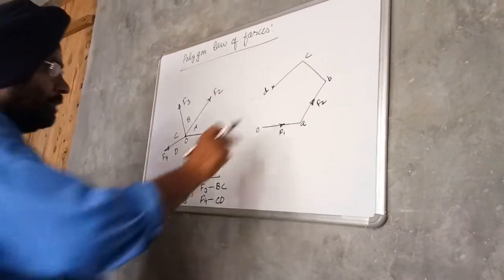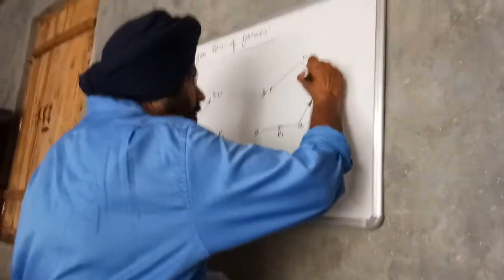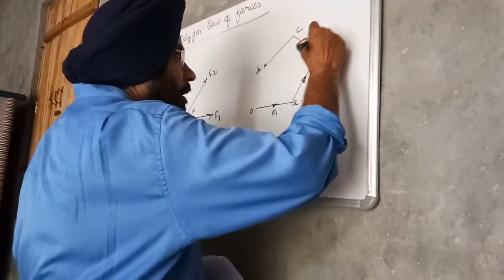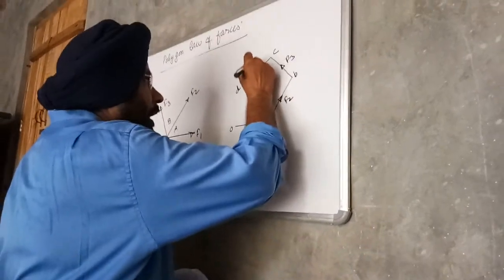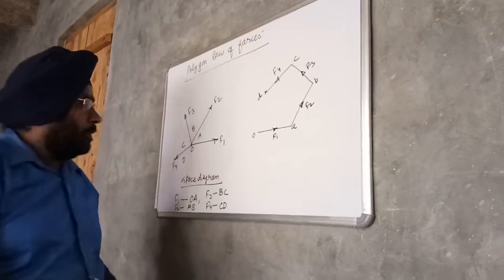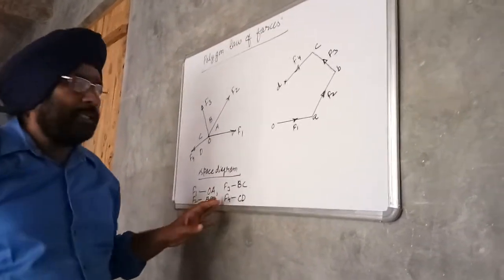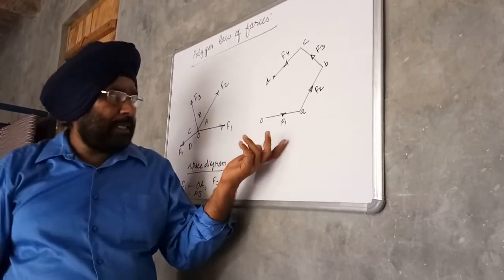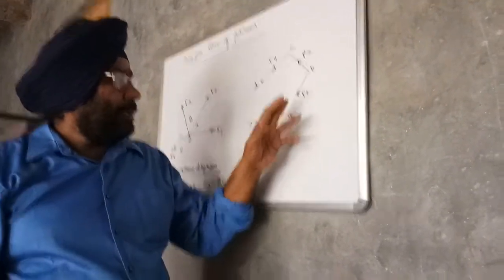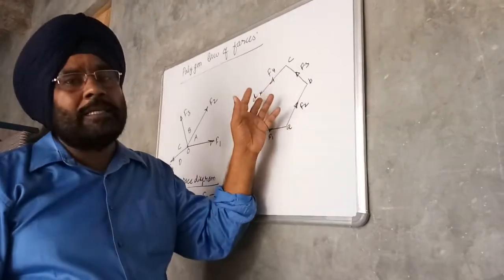The length of the line gives the magnitude of the force. So forces F1, F2, F3 and F4 are represented by the vectors OA, AB, BC and CD respectively.